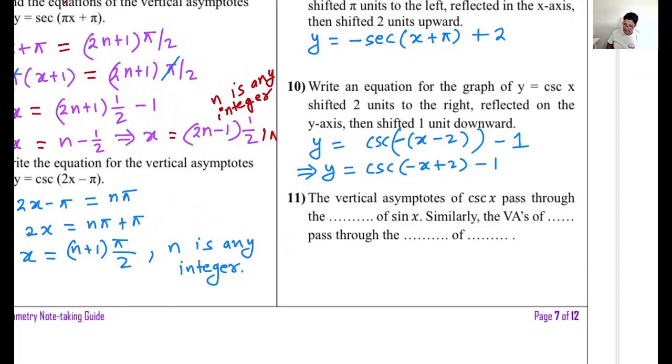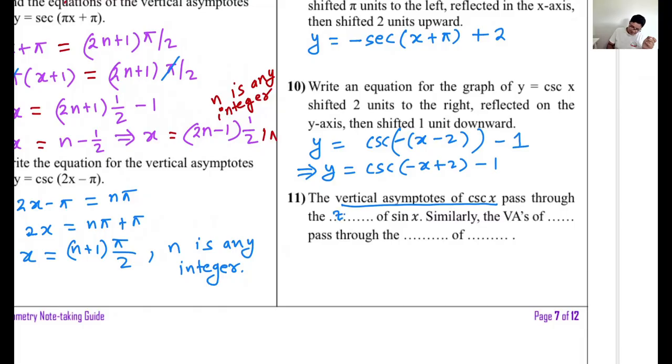The last question: the vertical asymptotes of cosec x pass through the, okay, this is conceptual. Where will you get a vertical asymptote for cosec x? Where the denominator in the ratio is 0. That means where sine x, because sine x is the reciprocal, should be equal to 0.